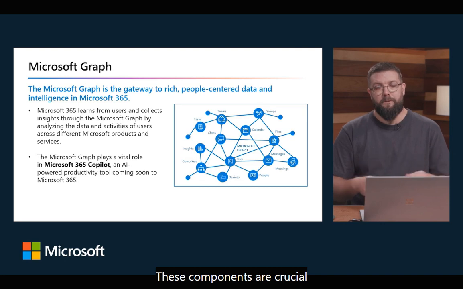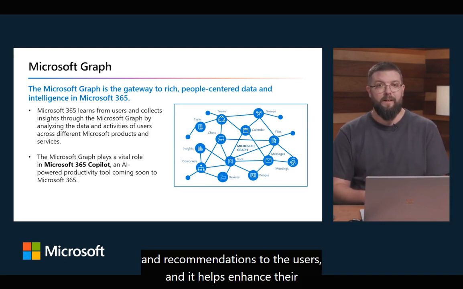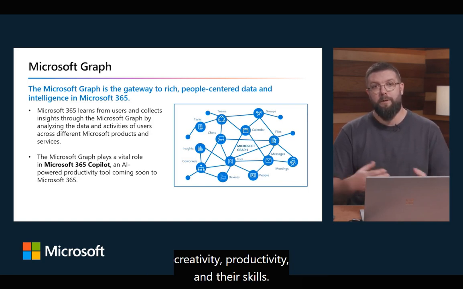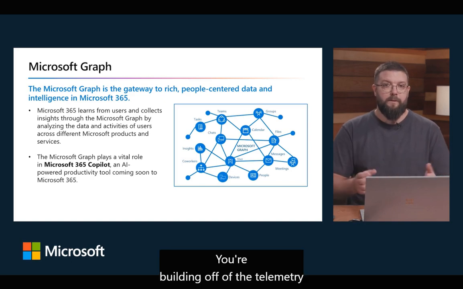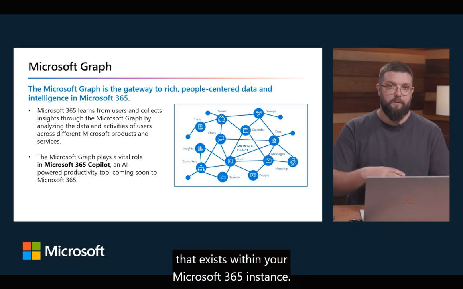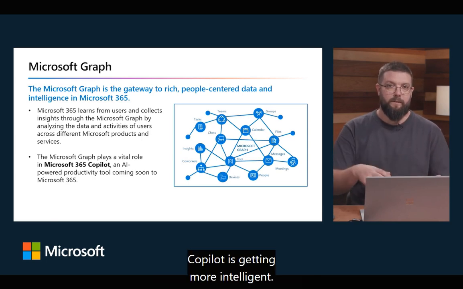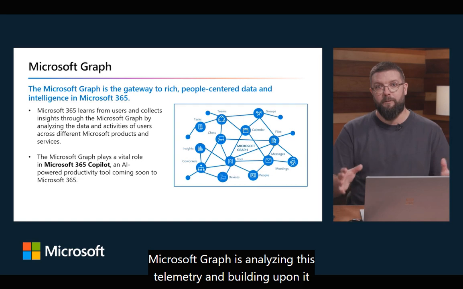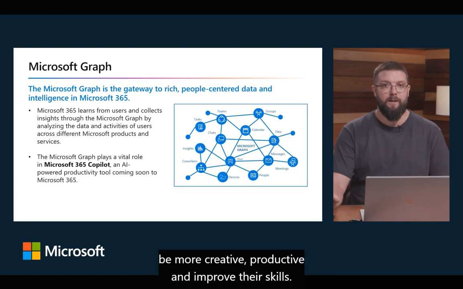These components are crucial to empower Copilot to provide real-time intelligent assistance and recommendations to the users, and it helps enhance their creativity, productivity, and their skills. So you're building off of the telemetry that exists within your Microsoft 365 instance. As users are utilizing the tool, Copilot is getting more intelligent. Microsoft Graph is analyzing this telemetry and building upon it to make Copilot more effective and help your users be more creative, productive, and improve their skills.